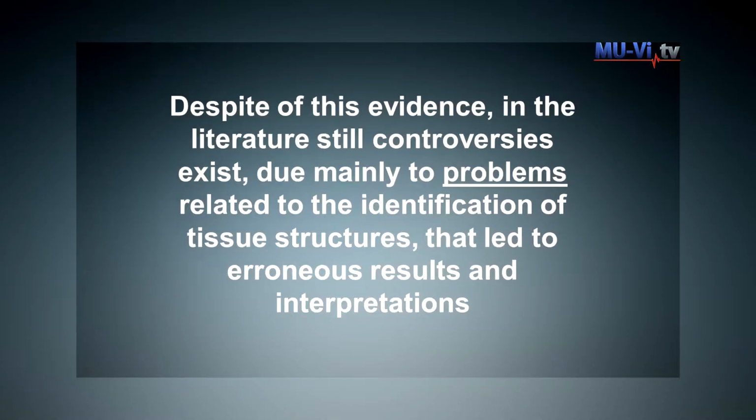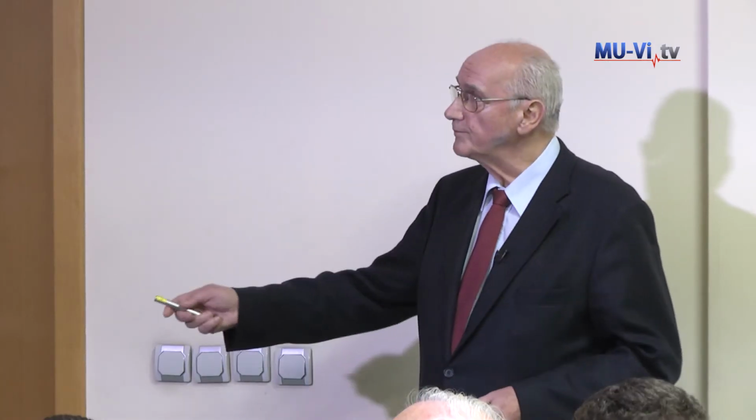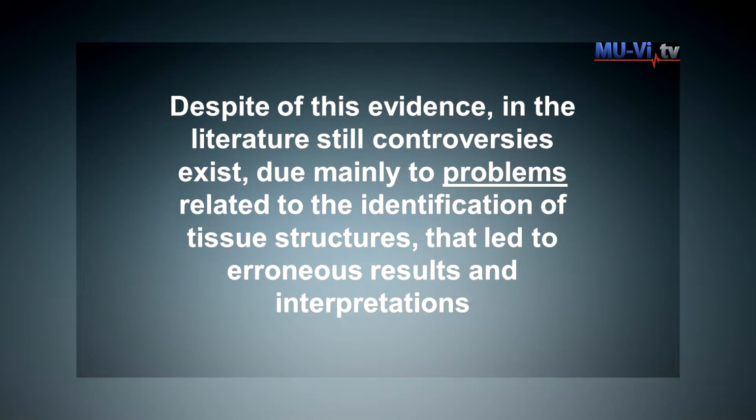Despite this strong evidence that we have found in the literature, up to date there are some controversies concerning mainly problems related to the identification of tissue structures that led to erroneous results and interpretations.